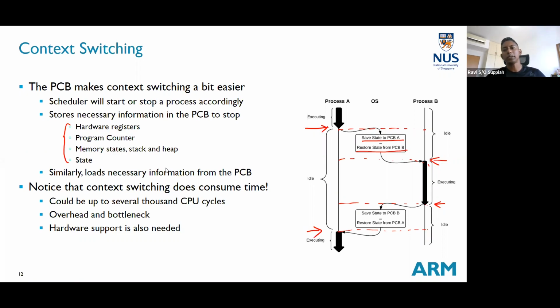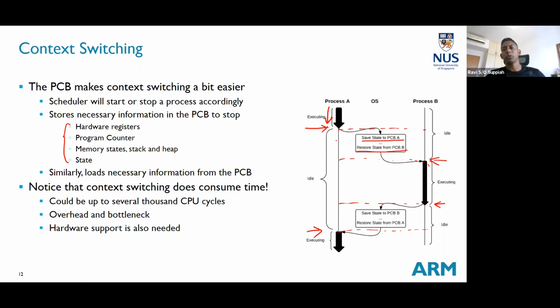When I say I want to save this state, when I'm executing at this point of time, the state that I'm representing is that of task A. When I'm going to switch out of task A, I need to save all this information to the process control block of task A. The process control block of task A holds a snapshot of the state of where it was executing before a context switch happens.